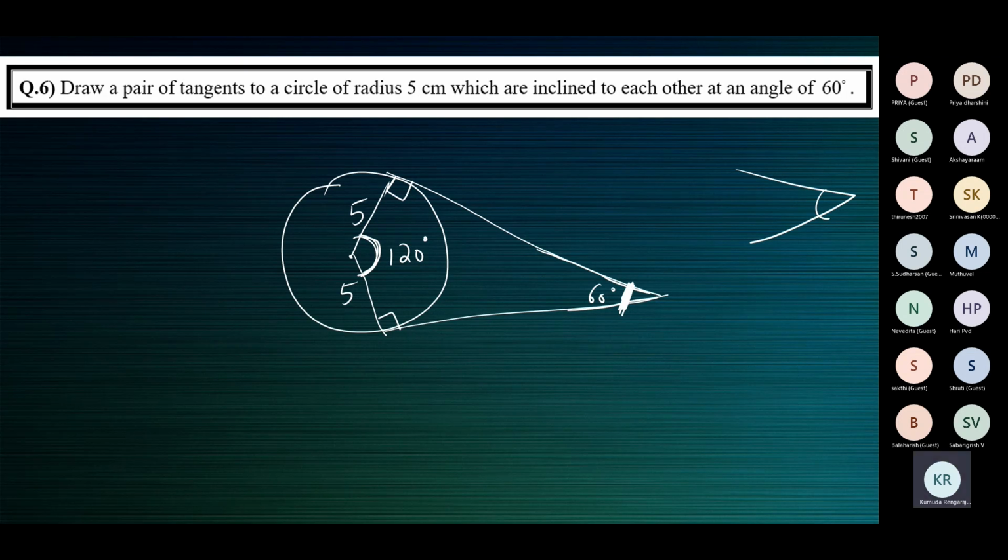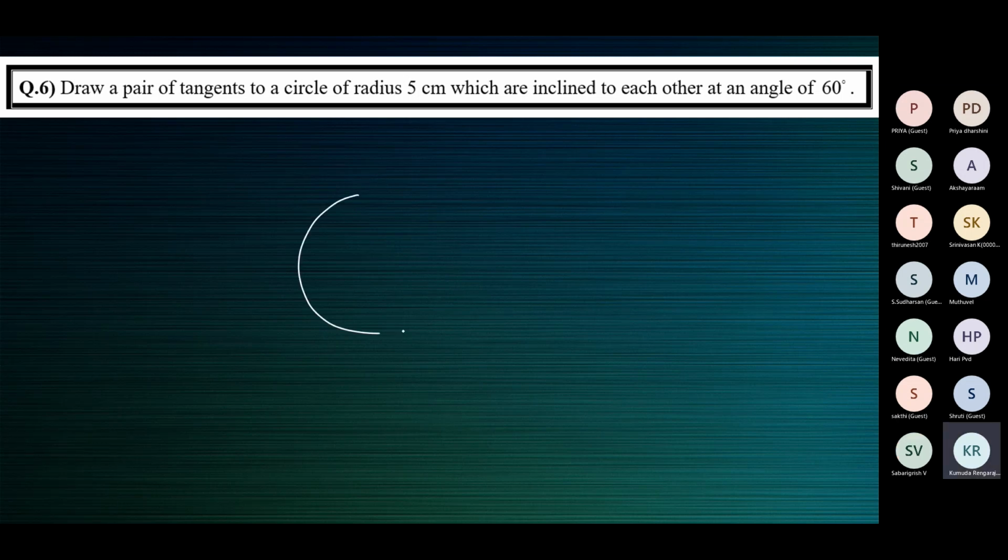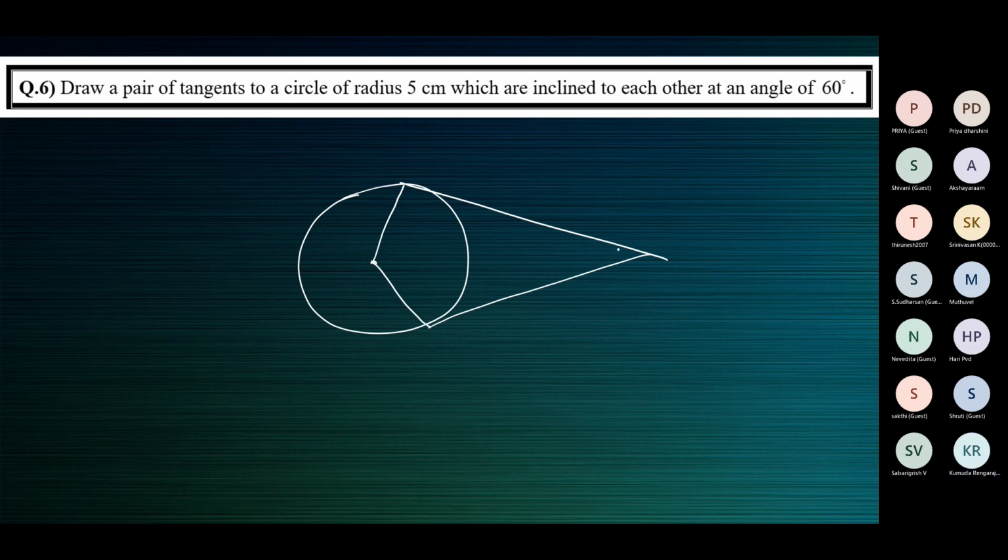So what did we do in the rough figure? We drew a rough circle and then tangents like this, and then center, radius, radius. The tangents are inclined to each other at an angle of 60 degrees.